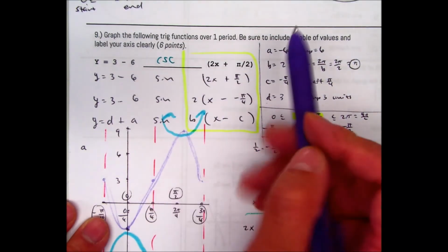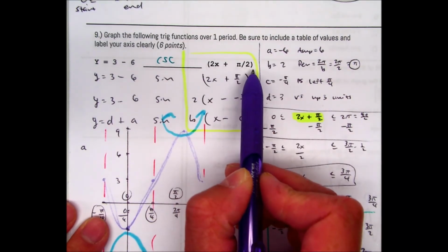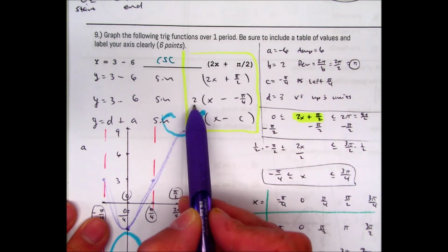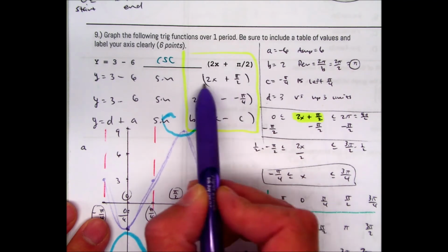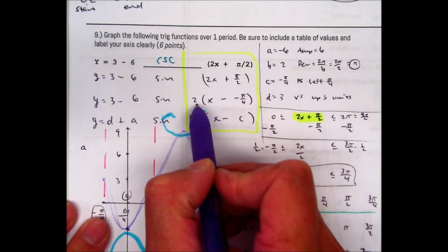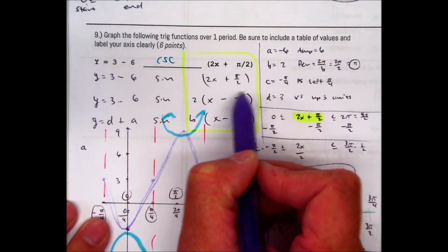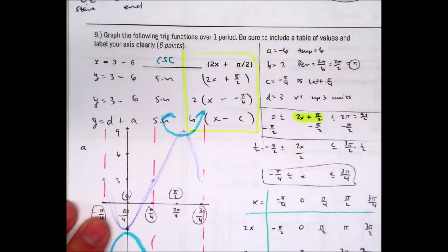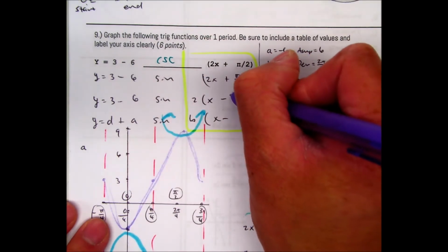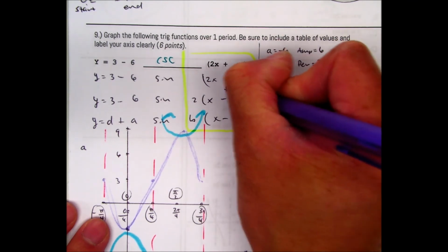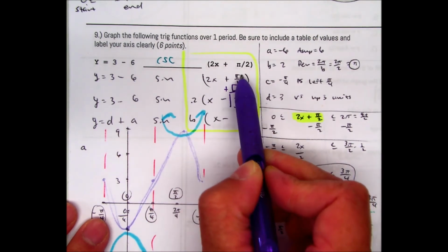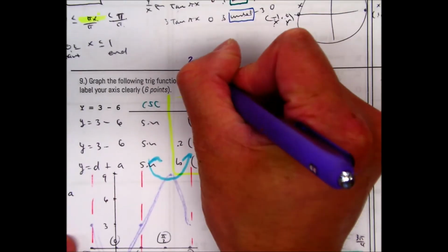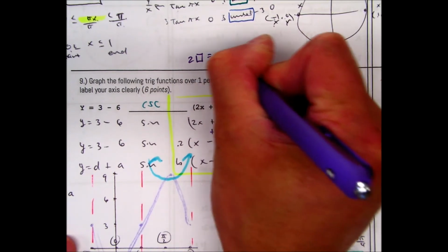The first thing I did is I recognize I have a parentheses. I don't have a b value, so I have to factor. Take out the greatest common factor. Well, I know there's a 2 here, so how do I get pi over 4? Let's just say this is a box, plus a box. 2 times the box equals pi over 2.